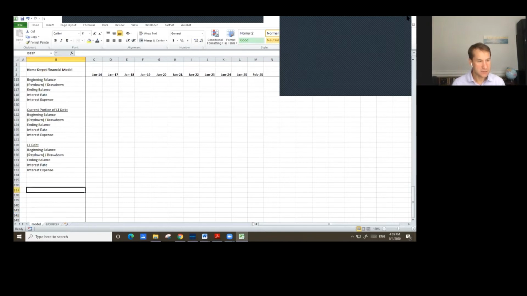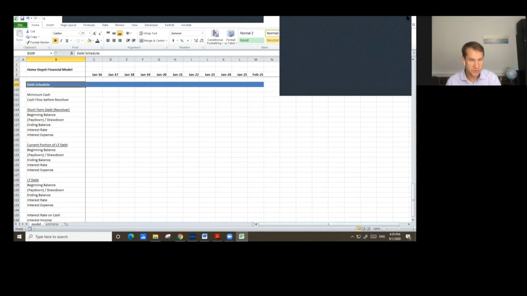At the end, I also have interest rate on cash and interest income. So this is my debt schedule, because I started referring to it. I wanted to have it set up.